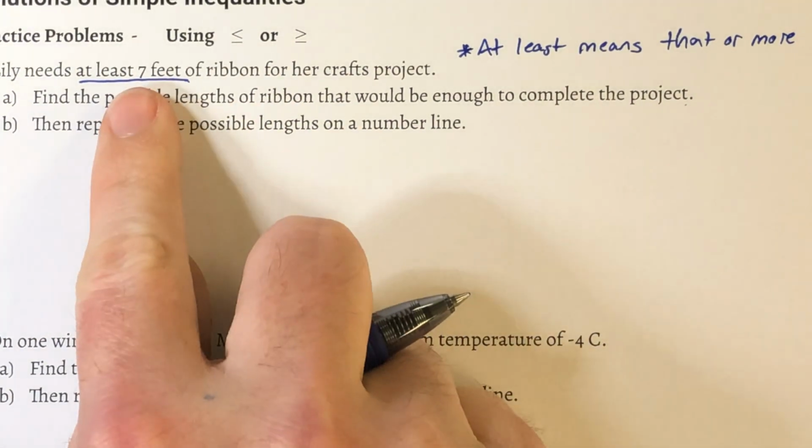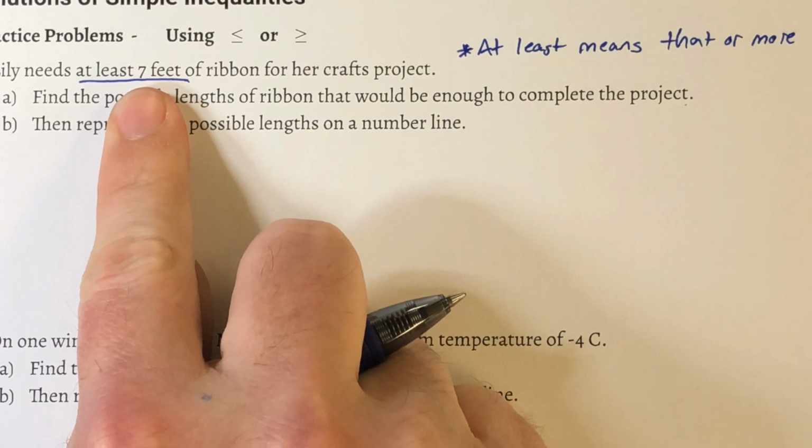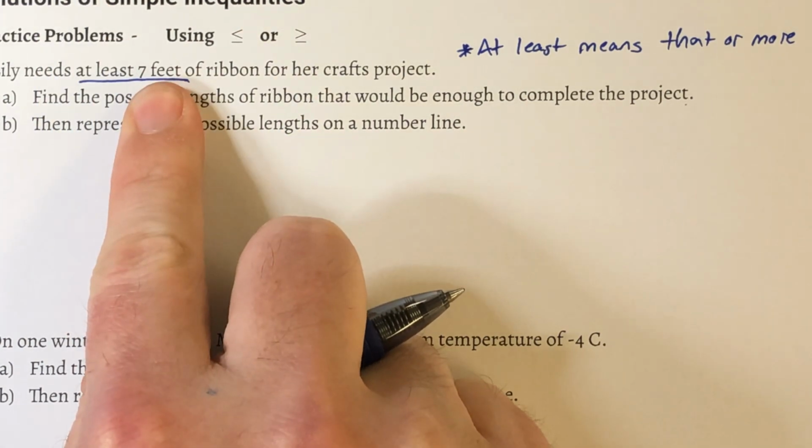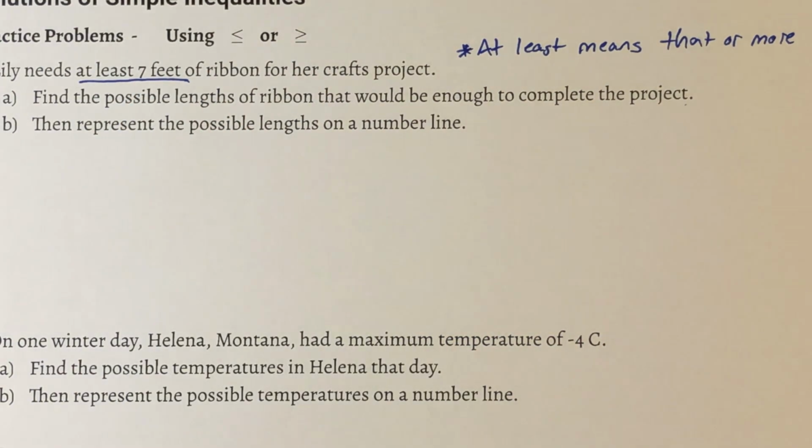So if she needs at least 7 feet, that means she needs that much, or she'll be fine if she has more. Kind of like if I said, I need at least $10 to go to the store. That means I need $10, but I would be happy with more.